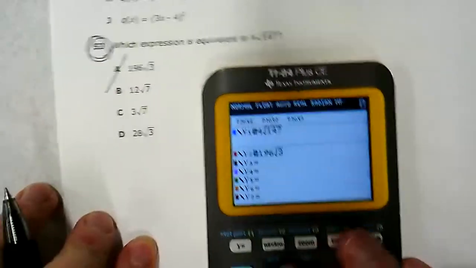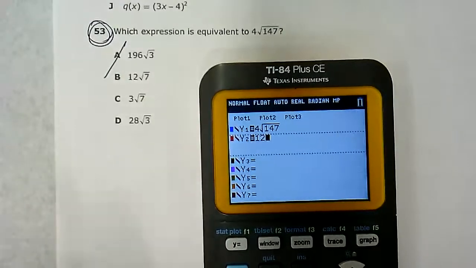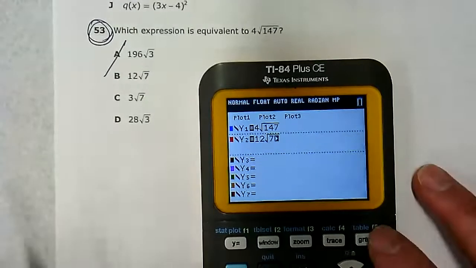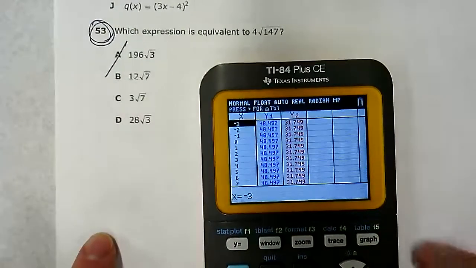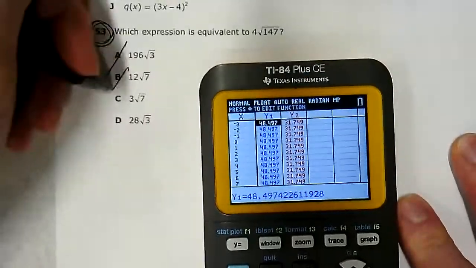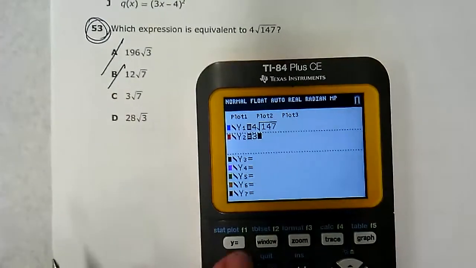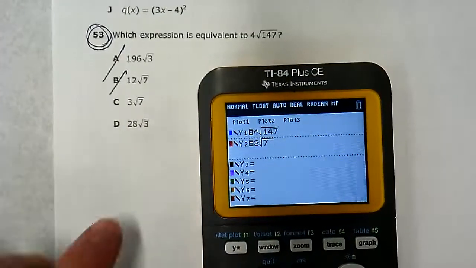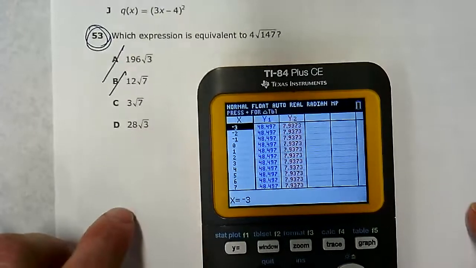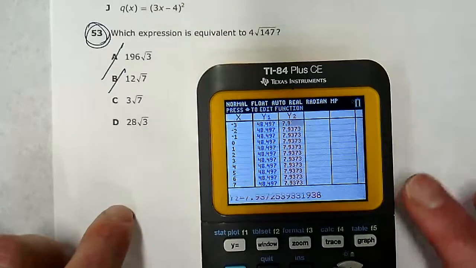Go back to y equals. I'm going to swap out y2 with 12 square root 7. Table. Those are not the same. Go back to y equals. 3 square root 7. Table. Those are not the same.